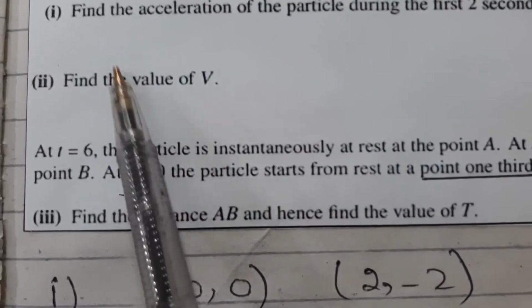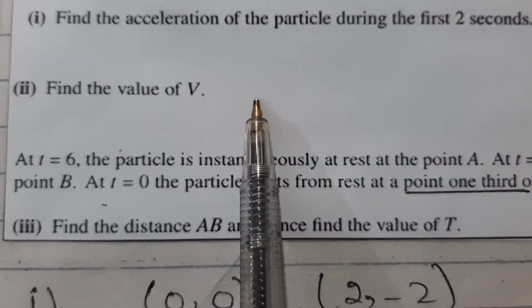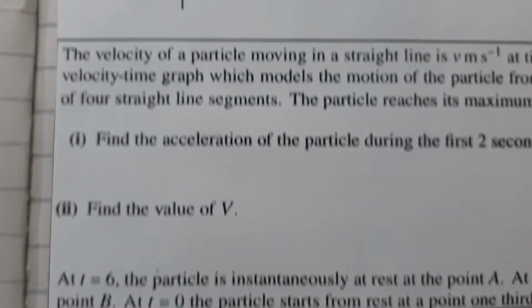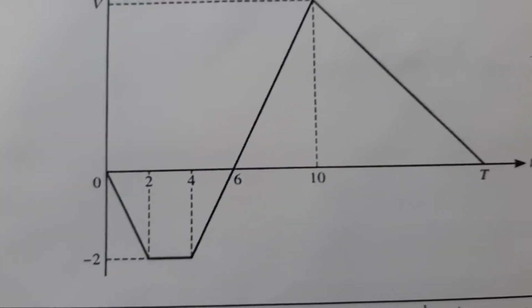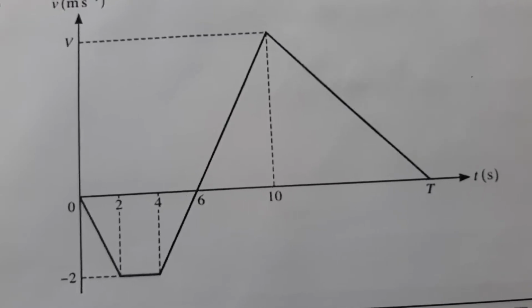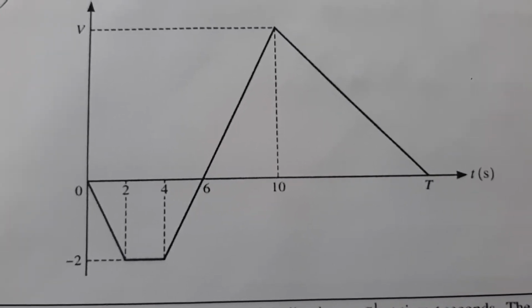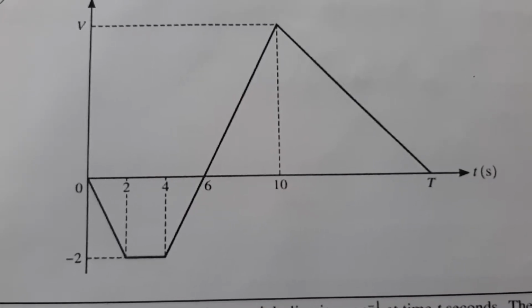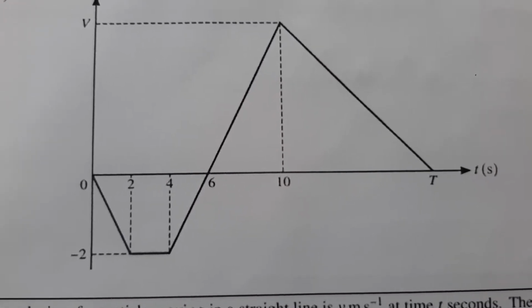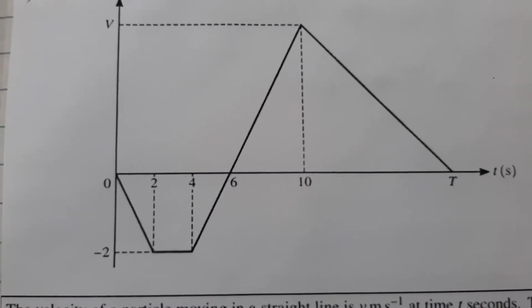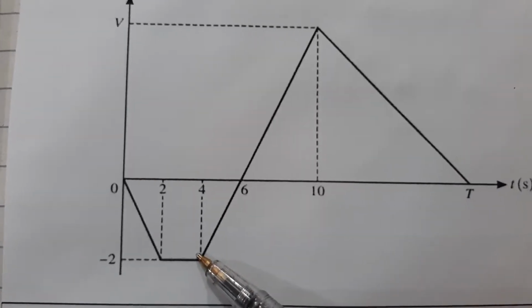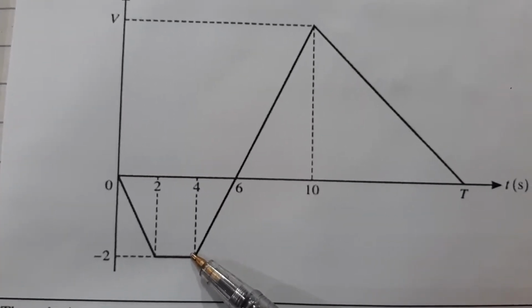The next part of the question says find the value of v. Now look at the graph. Do you think it is easy to find the value of v? I can give you a hint: using the coordinate geometry concept or the gradient concept, it's a straight line. So what is the point here? It is (4, -2).